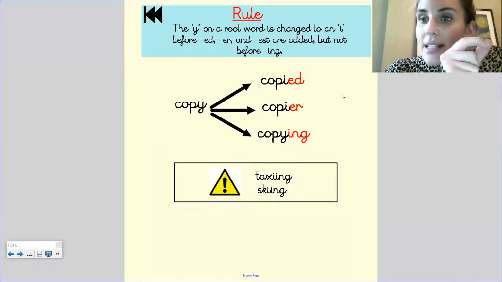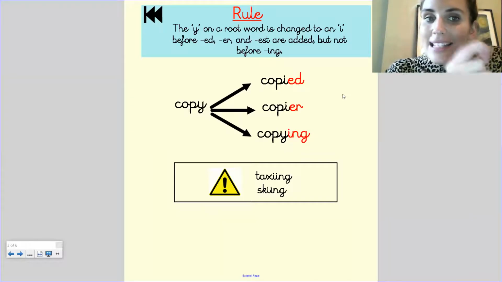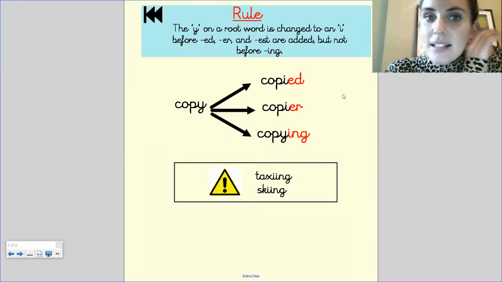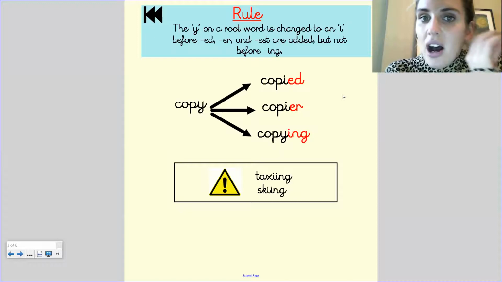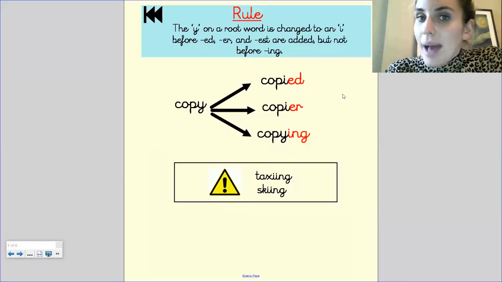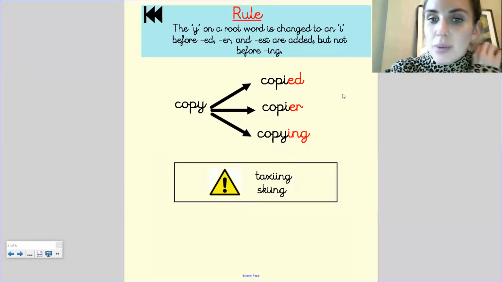So we're going to be focusing on root words that end in the letter Y. We're then going to be creating new words by adding the suffixes ed, er, est and ing. We need to remember that rule. If we're adding ed, er or est, we change that Y to an I. If we're adding ing, we don't.